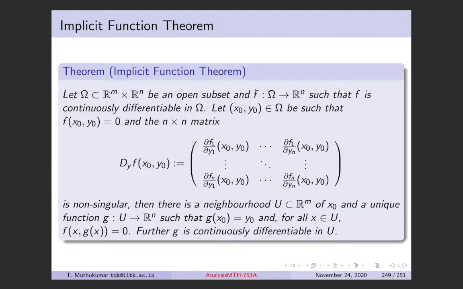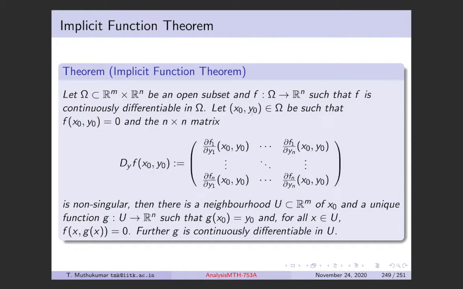So f is a map from omega to Rn. You can think of this as a map on Rm cross Rn projecting onto Rn, though it's not a projection map; I'm just saying that it maps to Rn. The assumption that we make on f is that it's continuously differentiable.